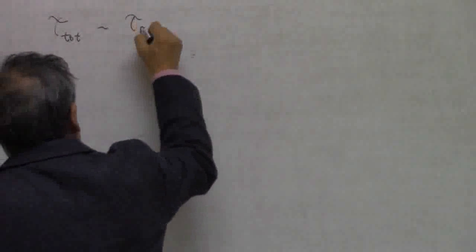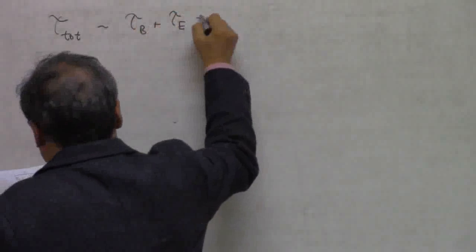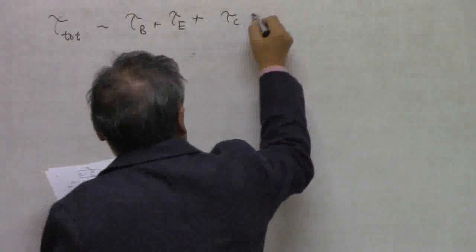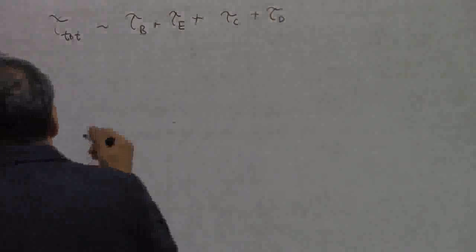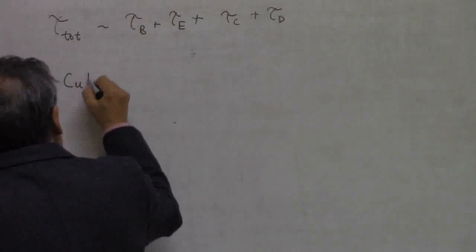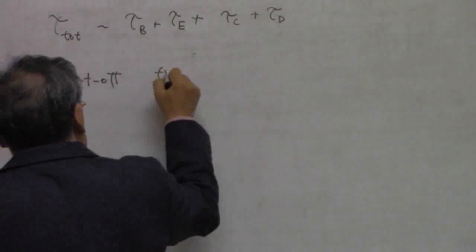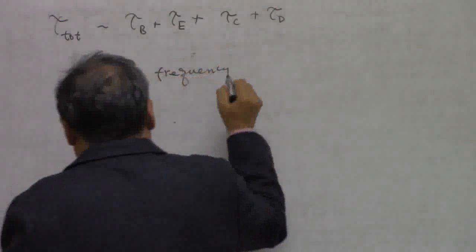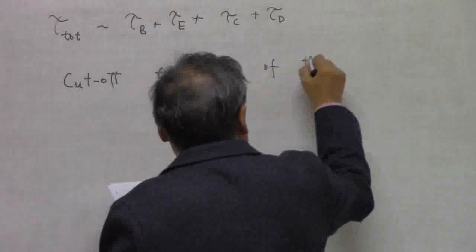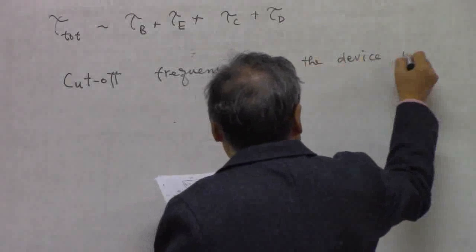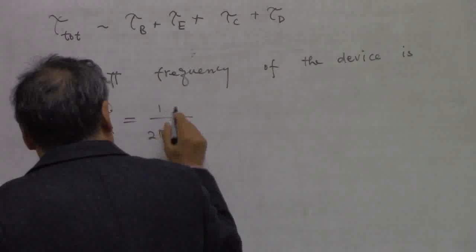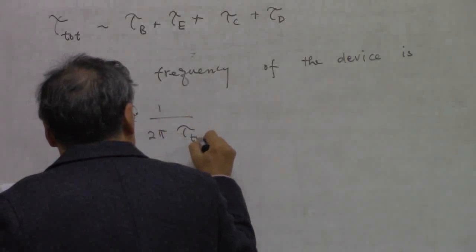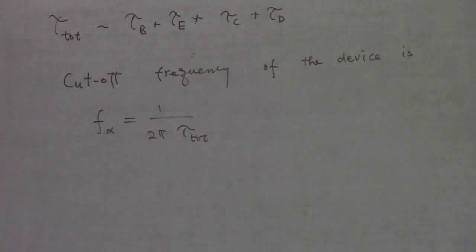Our total transit time is the sum of the base, emitter, collector, and collector depletion region terms, so the cutoff frequency of the device is limited by these equations.